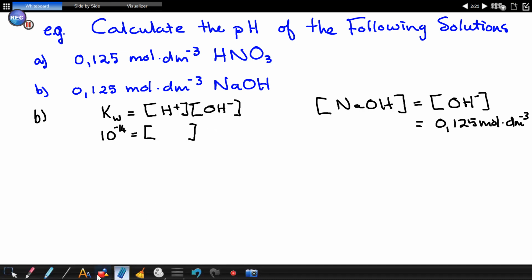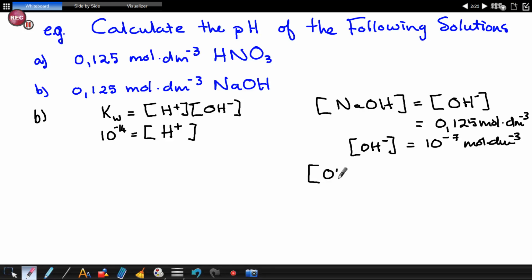Now in water, the concentration of the hydroxide is 10 to the minus 7 mole per cubic decimeter. What will the concentration of the hydroxides be if you add the hydroxides from the sodium hydroxide to the hydroxides from the water, 0.125 and 10 to the minus 7?